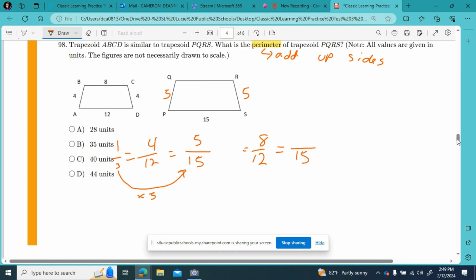Again, both of those can be divided by 4, and that's 2/3. And again, we're multiplying by 5. 2 times 5, 10. And now we just add them up. 15 plus 10 plus 5 plus 5 will be 35.